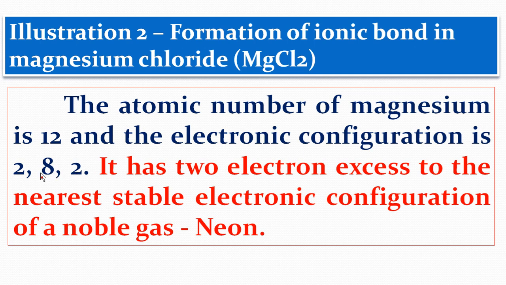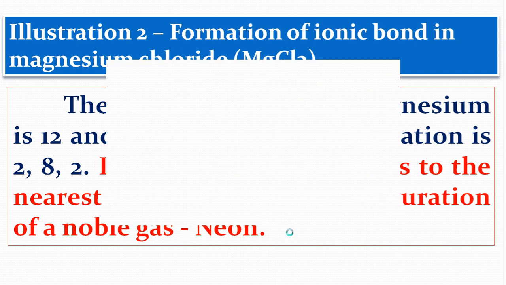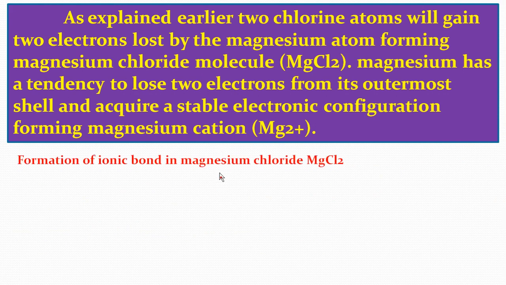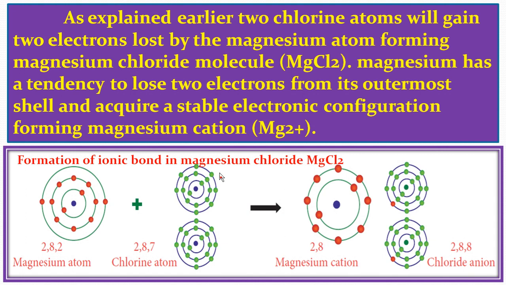This magnesium has 2 excess electrons in the outermost shell, that is, 2 electrons in excess of the nearest stable electronic configuration of a noble gas, neon. As I already explained, chlorine, what is the atomic number of chlorine? The atomic number of chlorine is 17.